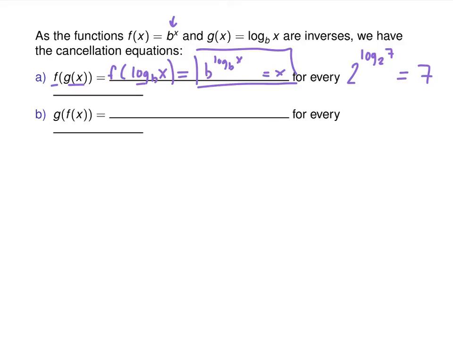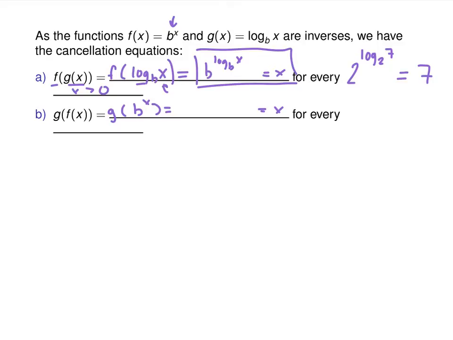Now the technical restriction is, if you're going to do this, stuff has to work in log base b. So because that's true, you have to have x bigger than 0. And you can't do negatives because you can't put negatives into logs. Terror will be smote upon you. If you do the composition in the opposite order with inverses, you also still get x. It doesn't matter in which order stuff is undone, it's still undone. So this becomes g of b to the x.